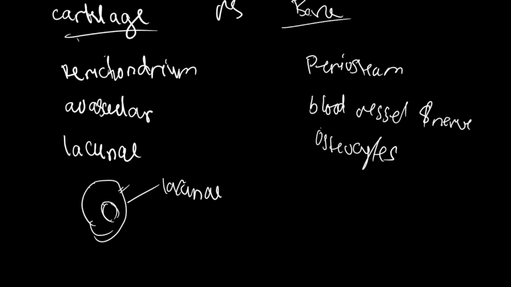Another thing for us to take note of is the fact that generally cartilages have a flexible extracellular matrix. The extracellular matrix is basically made of ground substance and fibers, and the extracellular matrix of cartilage is generally more flexible, as compared to the bone, which has a more rigid extracellular matrix.